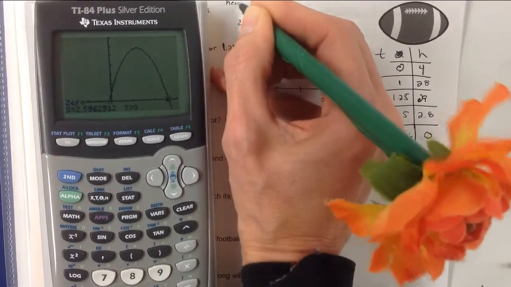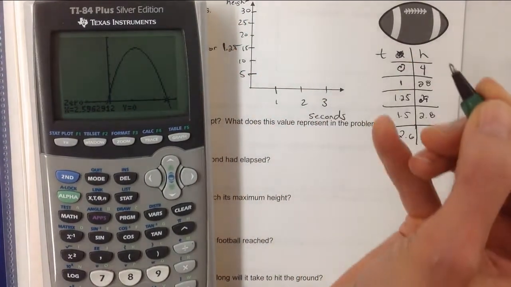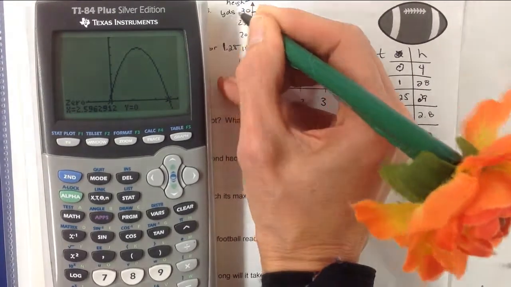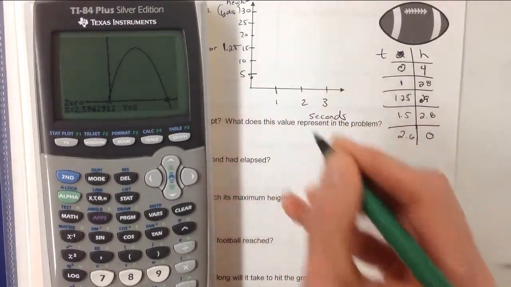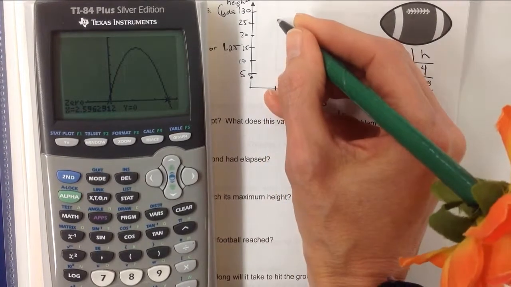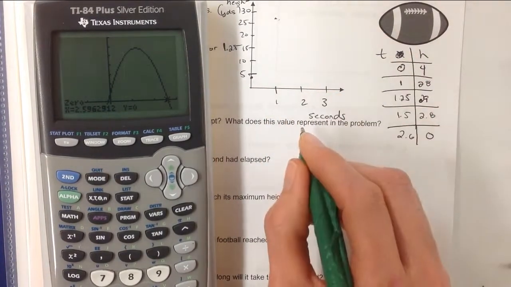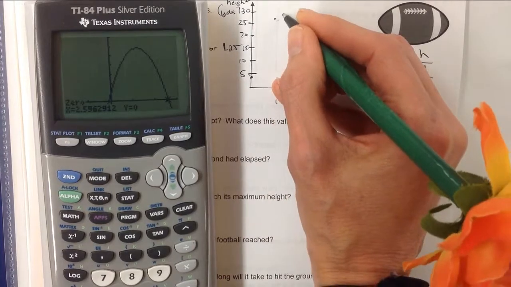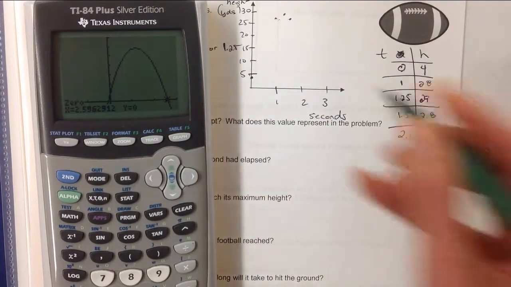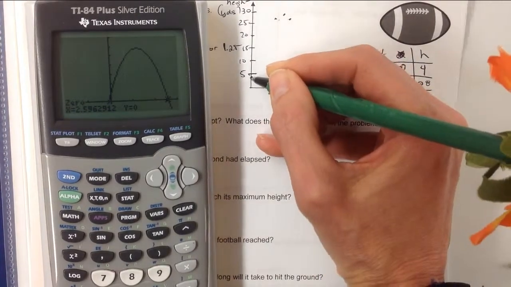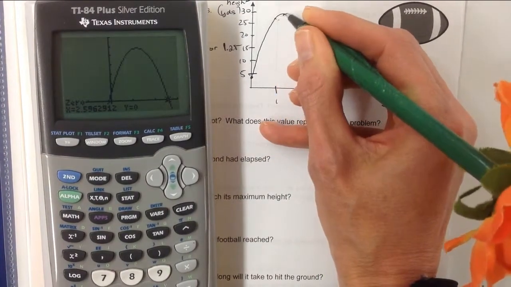This is height in yards, and this is seconds. So plot your points: 0, 4; 1, 28; 1.25, 29; 1.5, 28; and then like 2.6 seconds, 0. So we've got our shape.